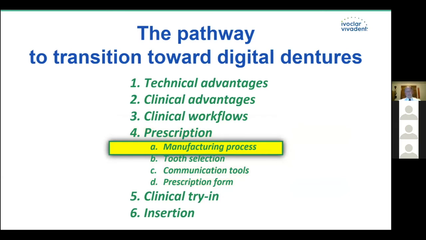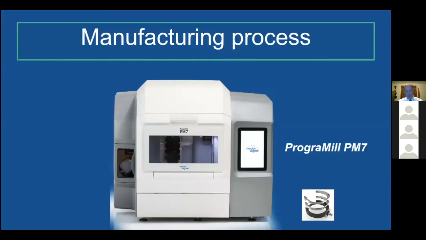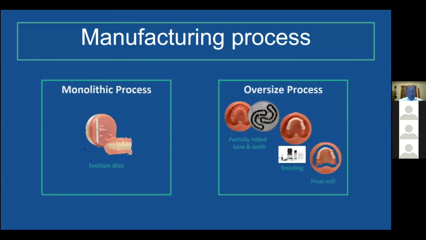Let's go to the prescription, and let's talk about the manufacturing process. You have to select a manufacturing process. I quickly showed the mill. That's the Programill. It's an amazing instrument.